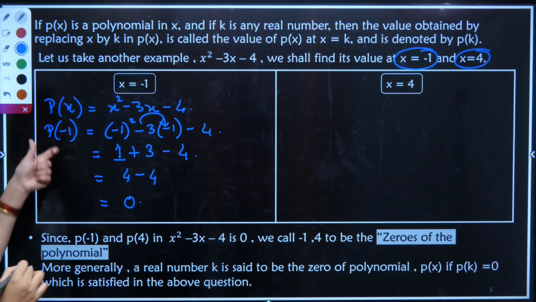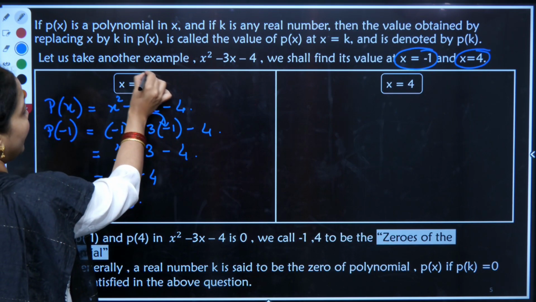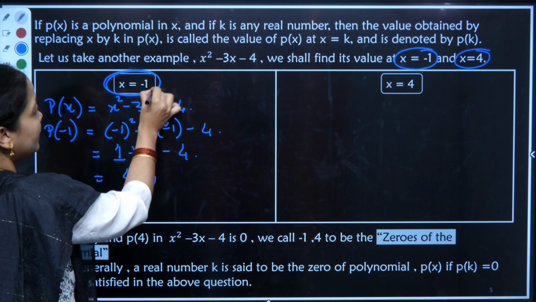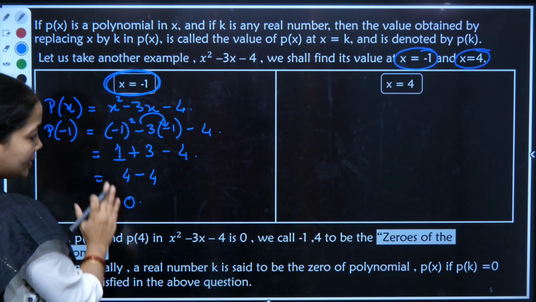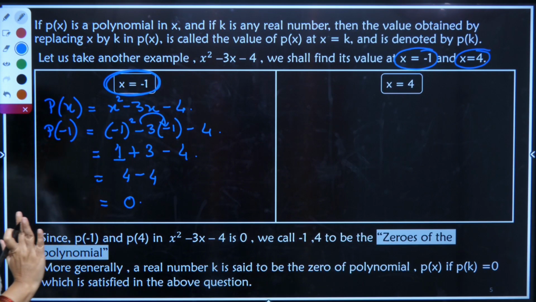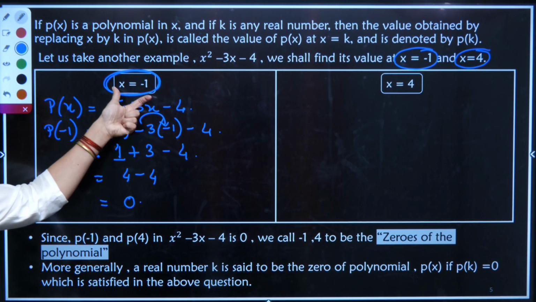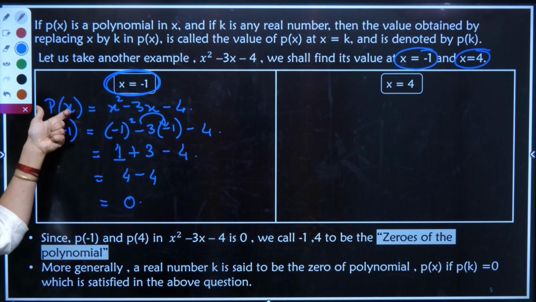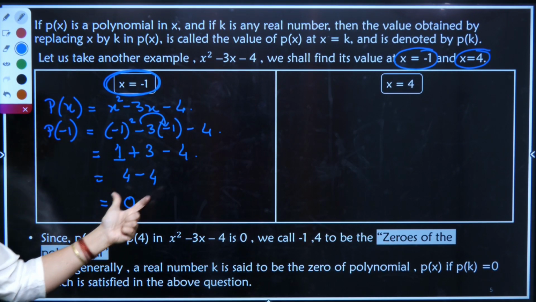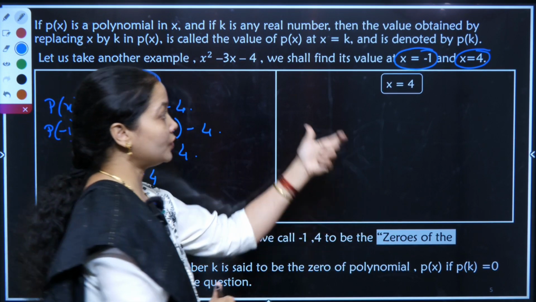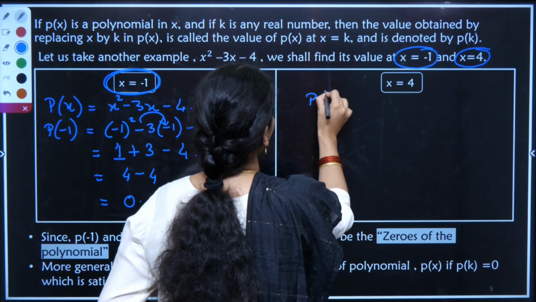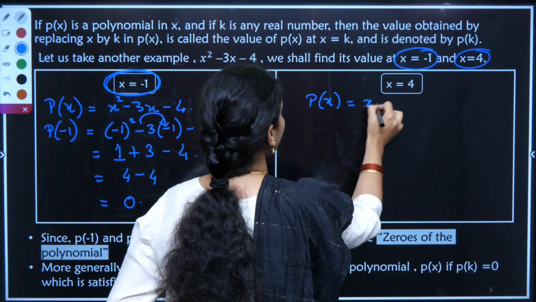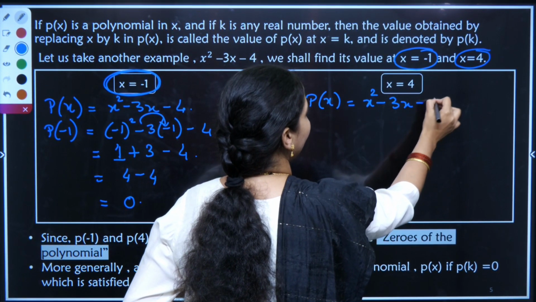So at x equal to negative 1, the polynomial p of x is turning 0. I am repeating, at x equal to negative 1, the polynomial p of x is turning 0. Let us consider the second situation for the same polynomial. My p of x was equal to x square minus 3x minus 4.